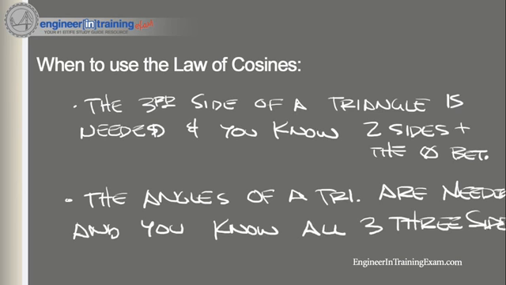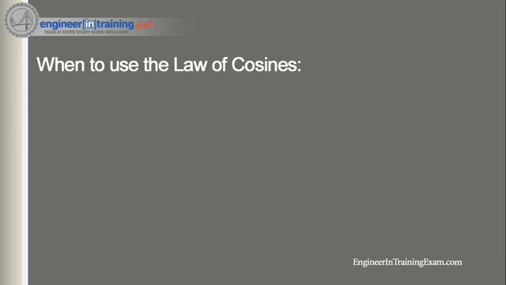So to use the law of cosines, essentially there needs to be one of two things that you know. Either two sides and the angle between, or if you know all the sides, you're able to determine all the angles within the triangle by plugging in all your knowns. So let's again look at an example. Let's take the triangle here.